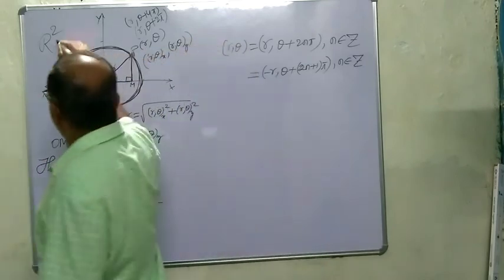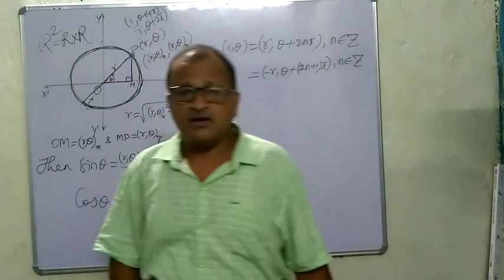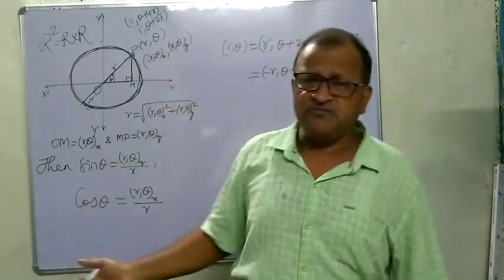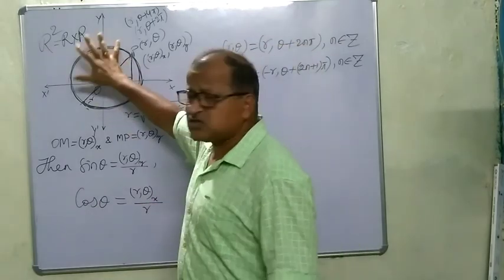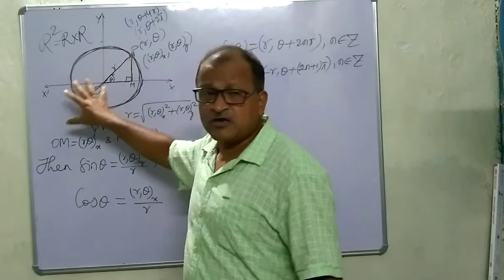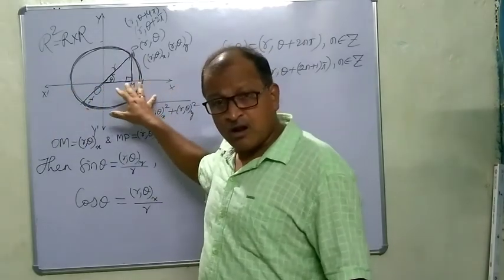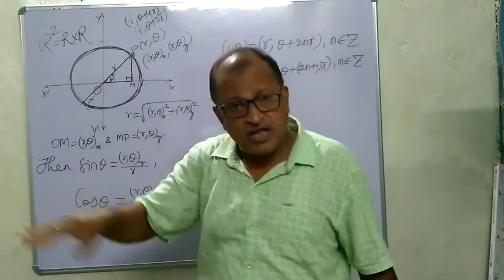It is the Cartesian product of R with itself. We will read it in brief later in coordinate geometry. That is why it is called the Cartesian coordinate system, the Cartesian product of two real lines.